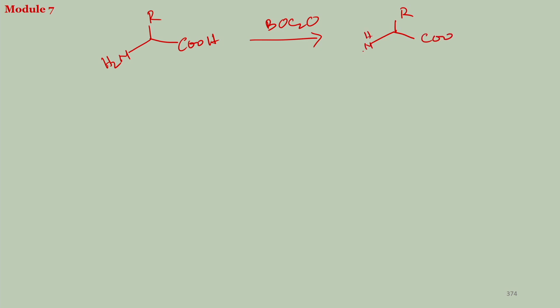So, once again, for the amine terminals, if you want to protect the amino groups of the amino acids, this is your amine group. You can protect it by using Boc anhydride, that will give you this, NH Boc, O tertiary butyl.